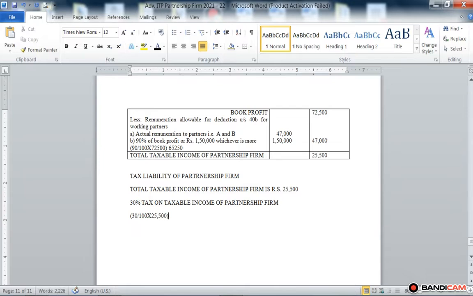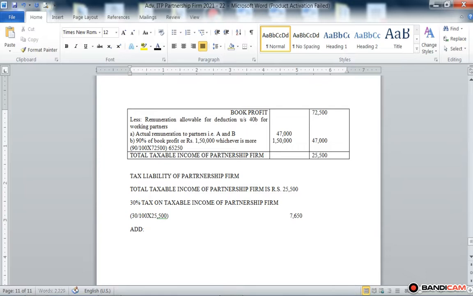So here we get the amount, and that amount is the tax liability of the partnership firm. So 25,500 into 30%, that is 7,650.